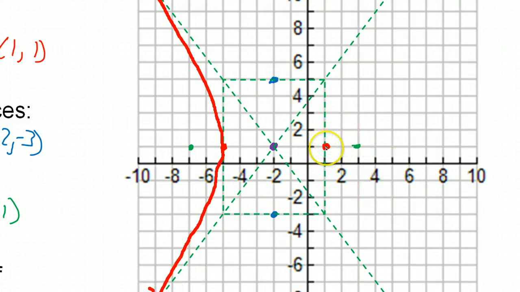I will do the same thing over here, approaching that asymptote, and one more time. So your hyperbola should look something very much like this.